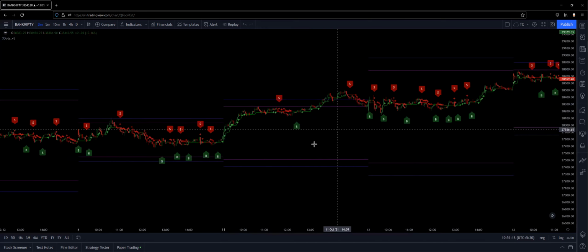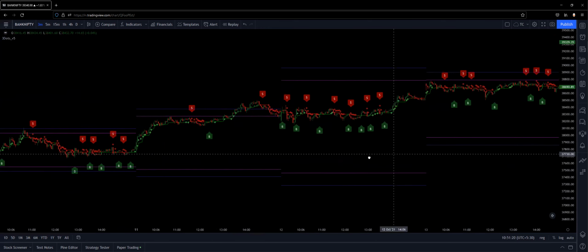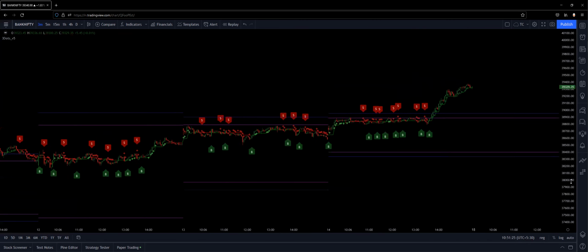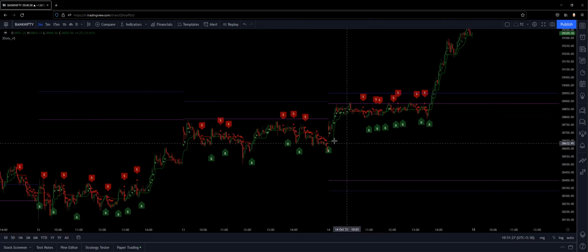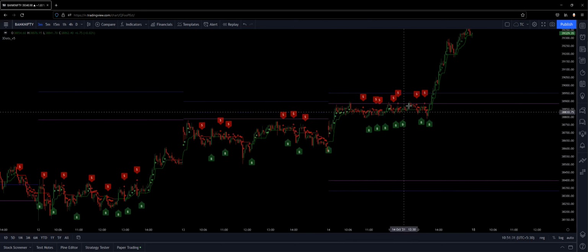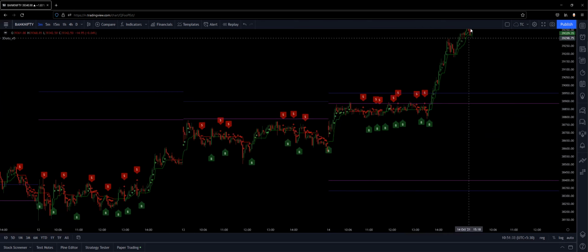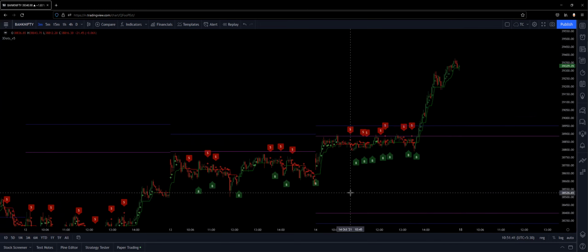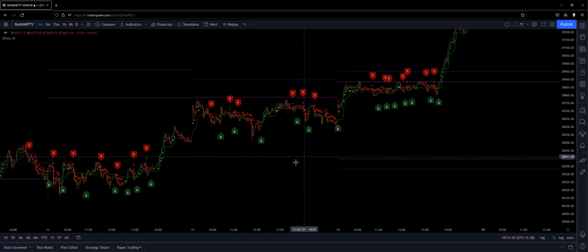You can see this in many examples. A beautiful example was the last day's. Price opened here, took a resistance, took a resistance, took a resistance. Once it broke here, it made almost 600 points from the range. That's what the range track is for you.